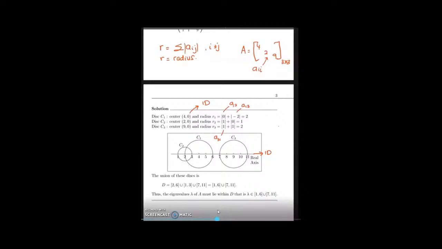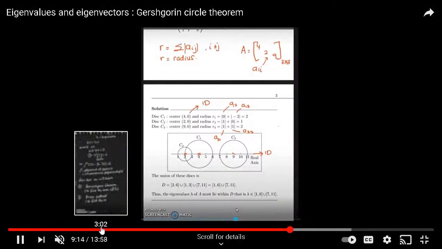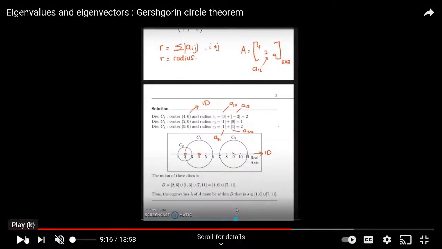So the answer is that the eigenvalue is somewhere between 1 to 6 and 7 to 11. Using the Gershgorin theorem, lambda lies in C1 union C2 union C3.